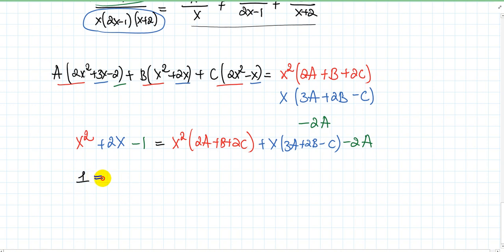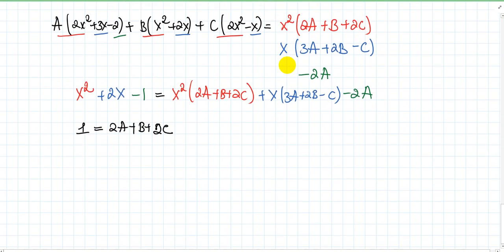What is the coefficient in front of the x squared on the right? 2A plus B plus 2C. What is the coefficient in front of the x on the left-hand side? Sorry, it's simply 2. And on the right-hand side, 3A plus 2B minus C. What is the free coefficient on the left-hand side? On the left, minus 1, and on the right-hand side, minus 2A, right?